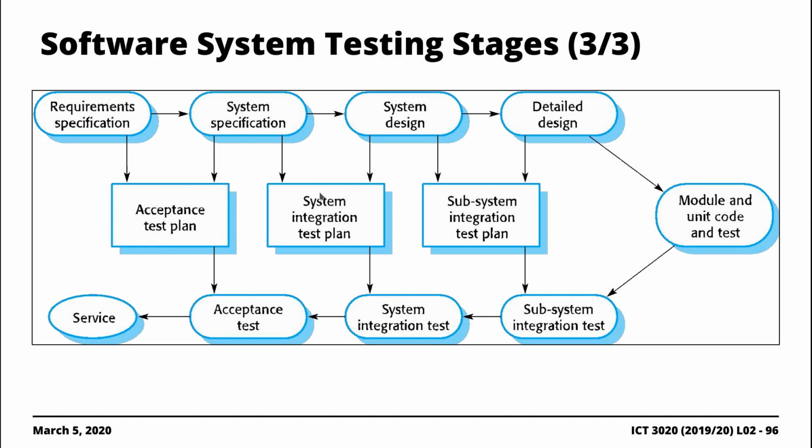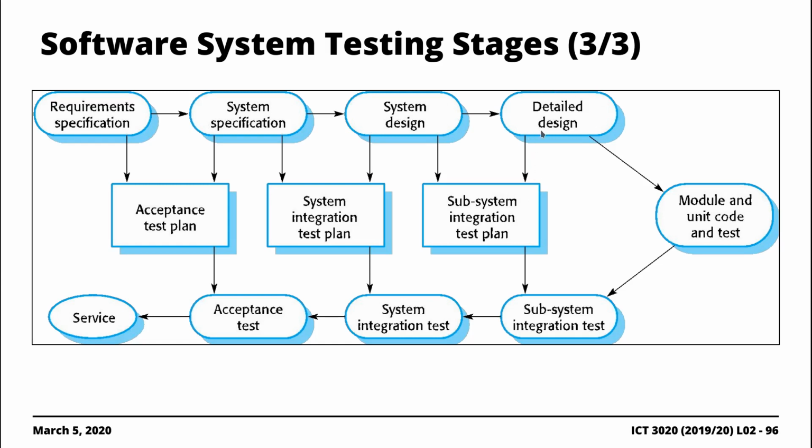System integration, which is really system testing here, gets input from the overall system design. This will be architecture design, database design, the system specification, right? And then finally, this is subsystem integration, which is essentially testing the integration of the different components associated with your software system or application, right?